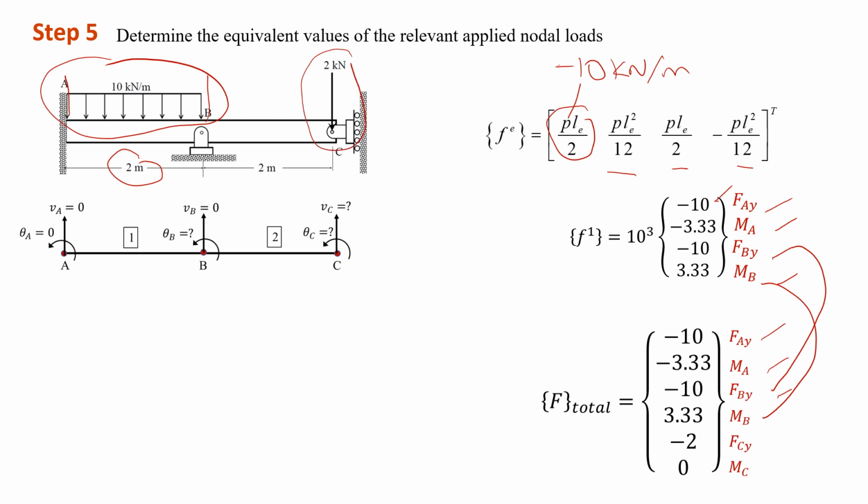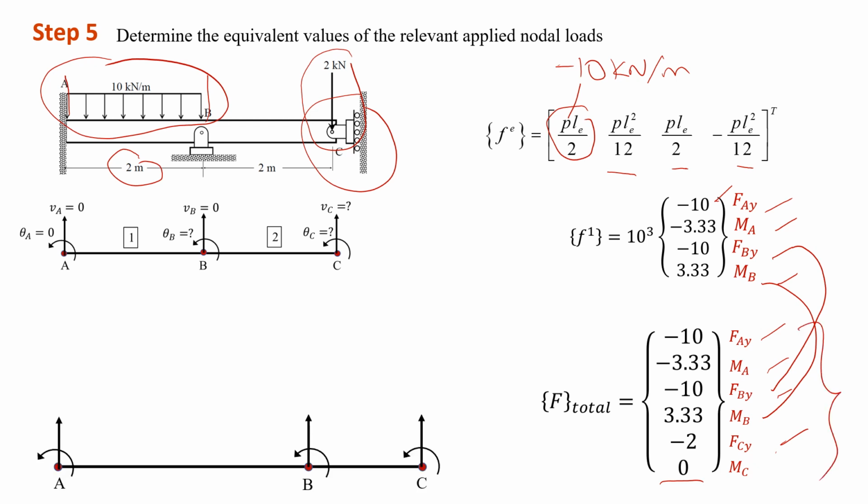Okay, the direction is downward, so the value should be negative 2. And at point C, we do not have any applied moment at this point. So the moment should be 0. So we can represent all these values in our free body diagram, something like this.